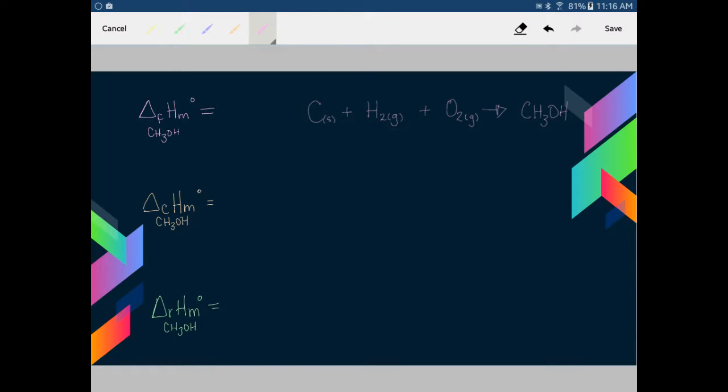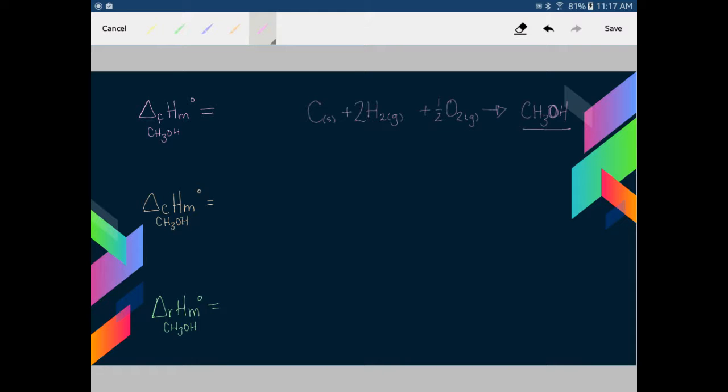If we look at how to balance this, we need 2 hydrogens, and because we have O2, we actually need 1/2 of O2 to correctly balance this for 1 mole. Because this is a molar enthalpy, we want 1 mole of methanol, which is why I have to use a fraction to balance my oxygen.